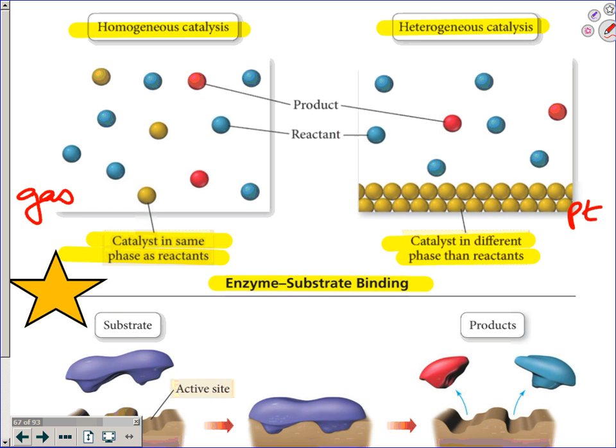So that would be an example of a heterogeneous catalyst. Hetero means different, so different states of matter. And so this is an example of like the nitrogen monoxide and maybe the carbon monoxide that come out of your exhaust, pass over the platinum, and get changed to cleaner gases that would be put out through your exhaust.